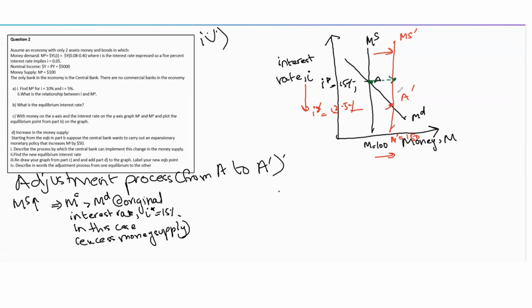Now money supply has increased. So now MS prime is greater than MD at original interest rate 15%. There is excess money supply because money demand is still at this point, but now money supply we can see is higher. So MS prime is greater than MD at the original interest rate, creating an excess supply of money.